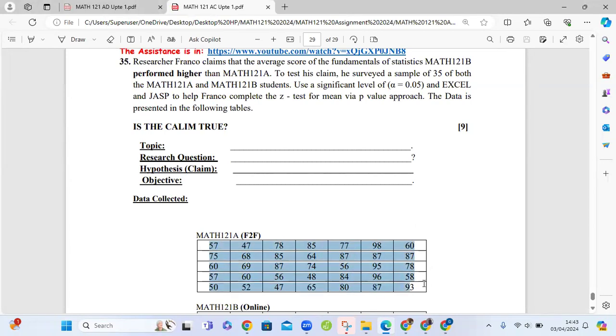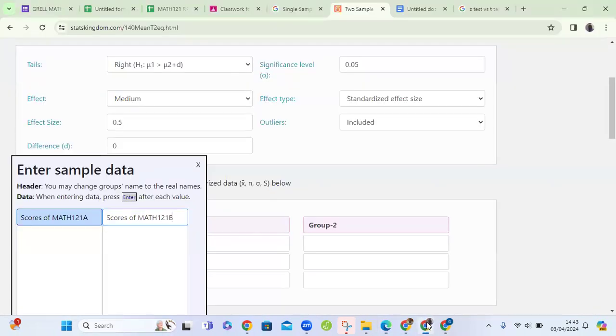This is the reason why we are opting for this calculator, because of the ease of data transfer.